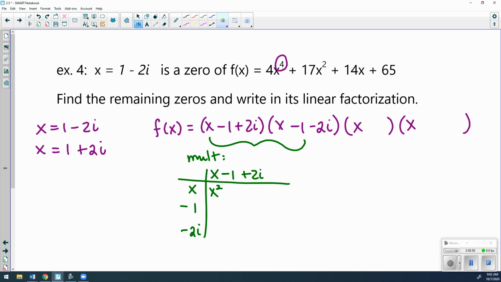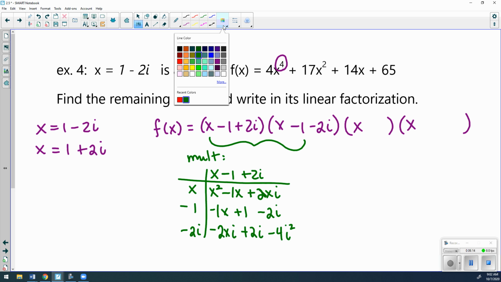Okay, so x squared minus 1x plus 2xi, negative 1x plus 1 minus 2i, negative 2xi plus 2i minus 4i squared. Looking good.